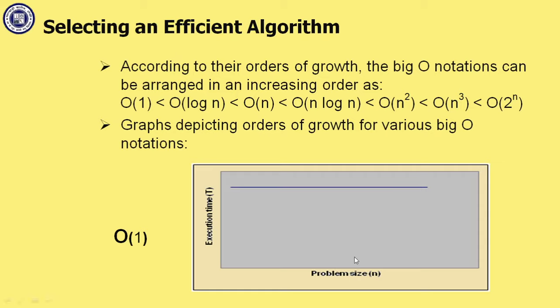The first one, which we have picked, this graph provides the problem size in terms of n in the x-axis, and we have the execution time in the y-axis given by t. So this graph denotes a straight line parallel to the input size axis, that is parallel to the x-axis, which signifies that for any number of inputs applied to the algorithm, the time required to process all the given input is constant.